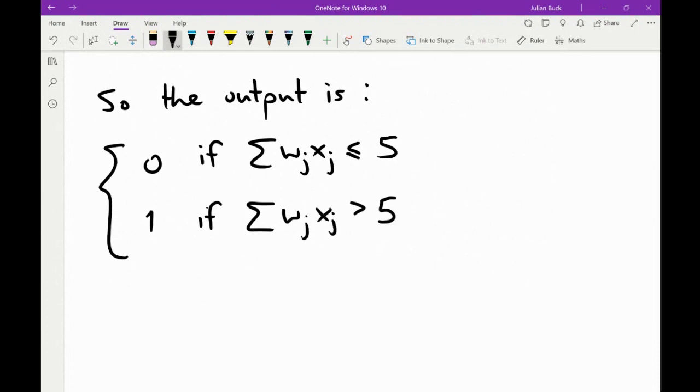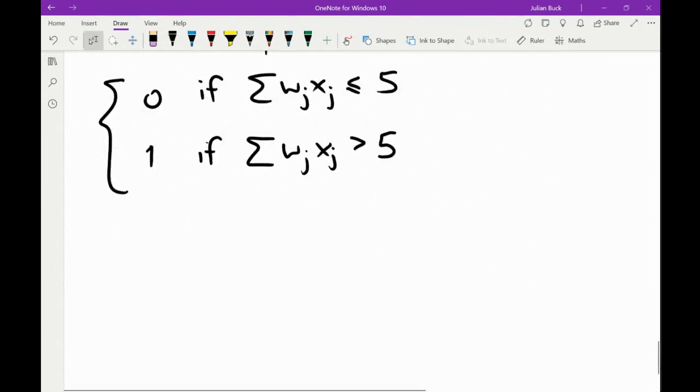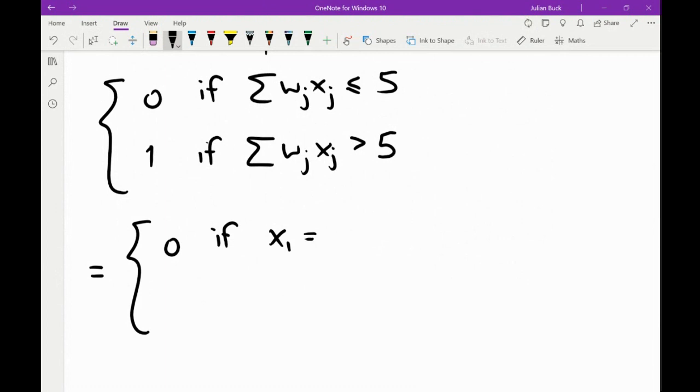And based on the observations we just made, it's 0 if x1 equals 0 and xj equals 0 for j equals 2 or 3.